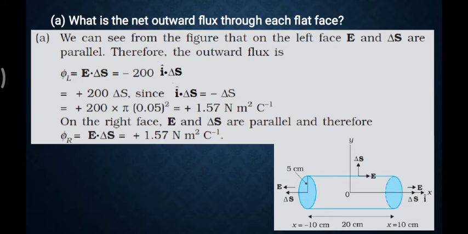Otherwise, i dot delta S means i times delta S into cos theta, and those two make an angle equal to 180.